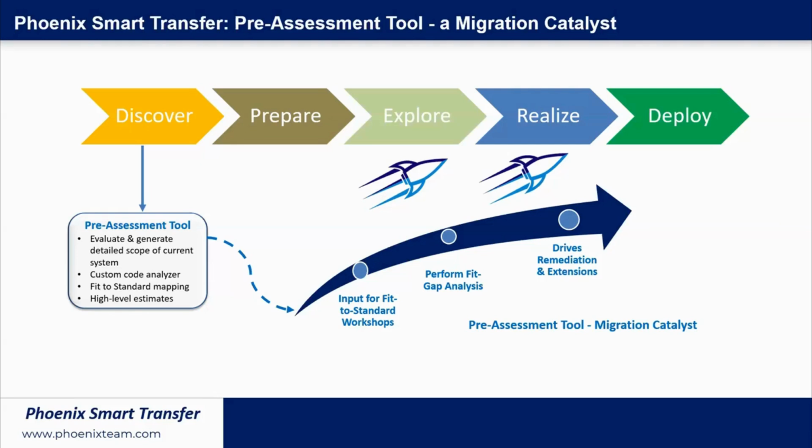Lastly, this data is supplemented as part of your prepare and realize phases, where leveraging this data, you could have accelerated fit-to-standard workshops. Subsequently, you can perform your fit-gap analysis in terms of concluding the overall extensions needed for the processes, as well as the amount of remediation that's needed for your custom code.